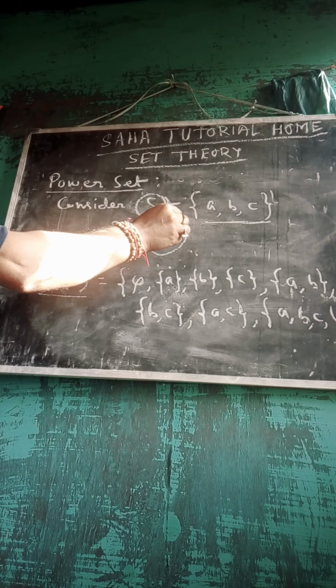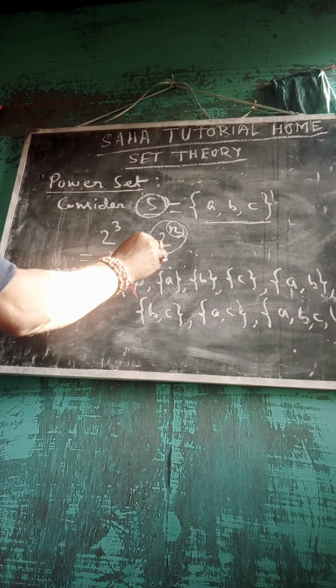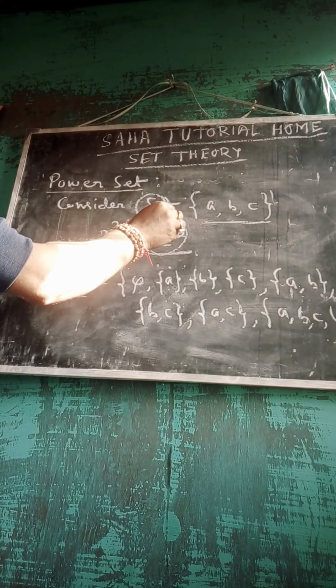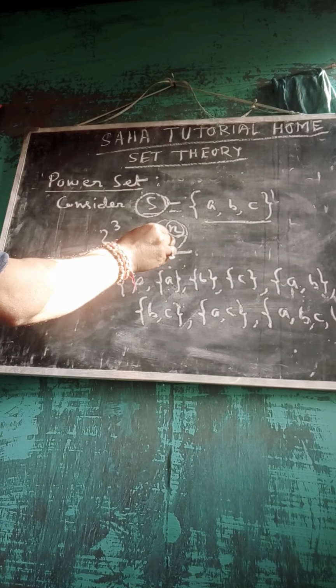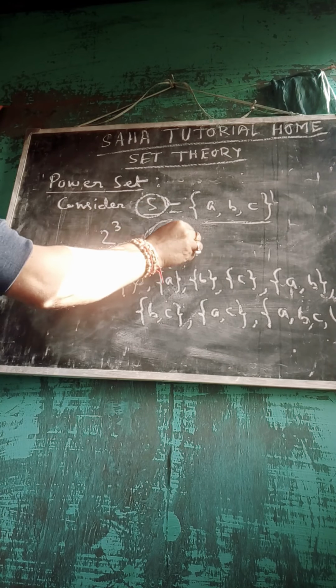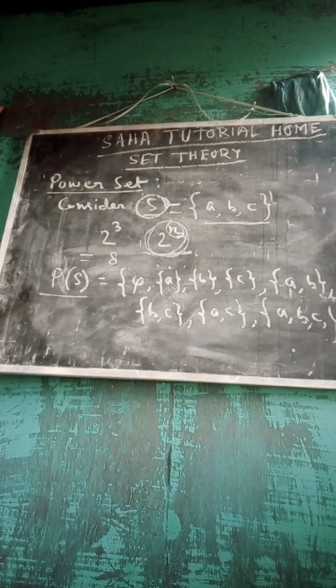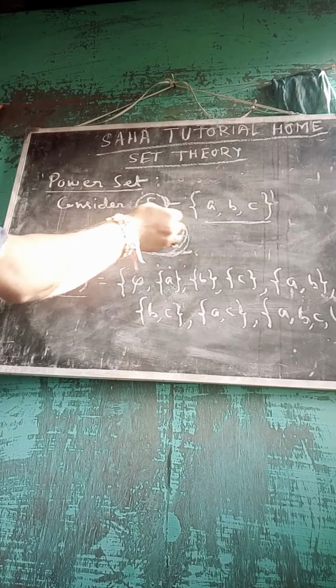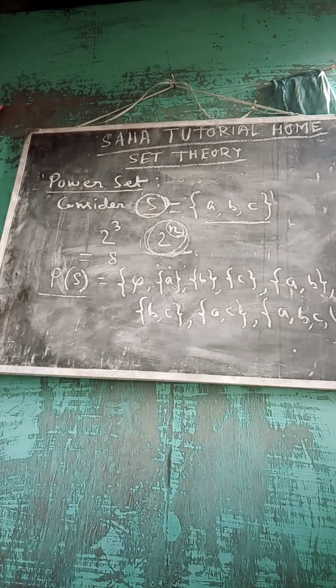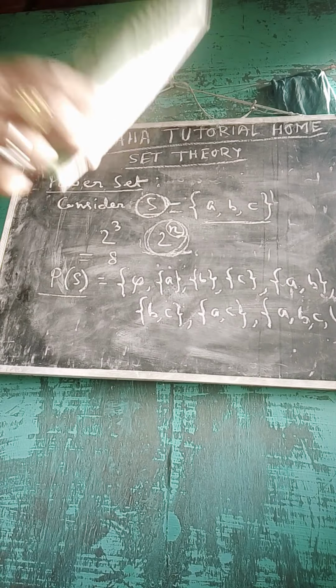So if you have n elements, then all the 2 to the power n subsets of the set are called the power set. This is the definition of power set.